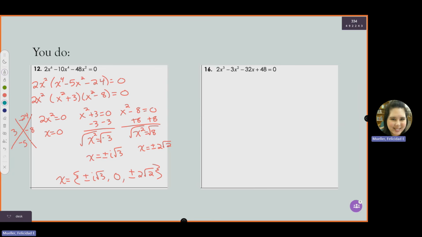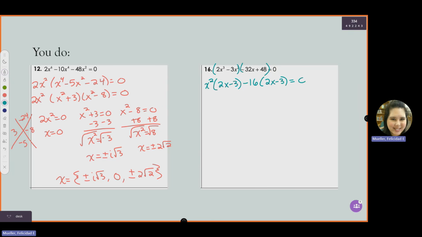On 16, it's already set up for me, so we can just do factor by grouping, first two, last two. So in the first two, they have x squared in common, which will leave us 2x minus 3 on the inside. On the other, we take the minus from the 32, and they're both divisible by 16. So we get 2x minus 3.